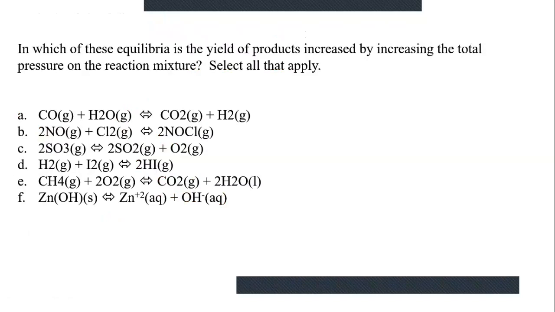So here we want to look at these reactions and see which one will increase the yield of products when we increase the total pressure of the reaction mixture. So when we increase pressure, it shifts to the side with fewer moles of gas.